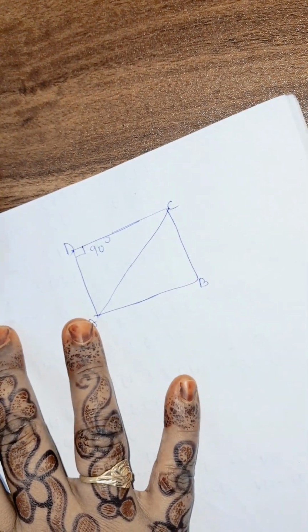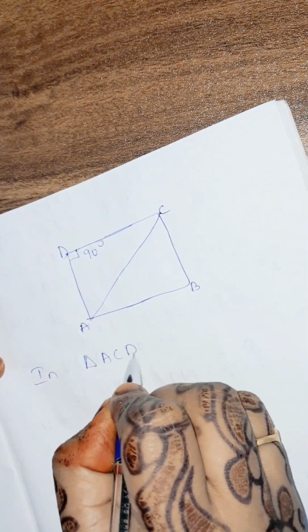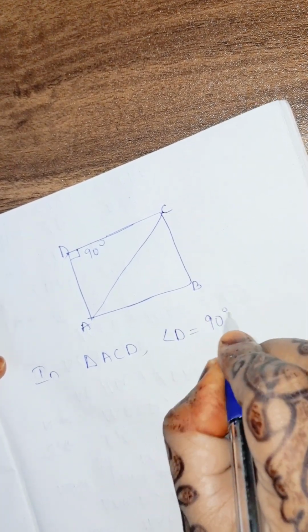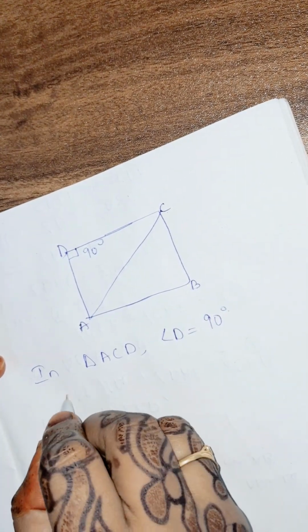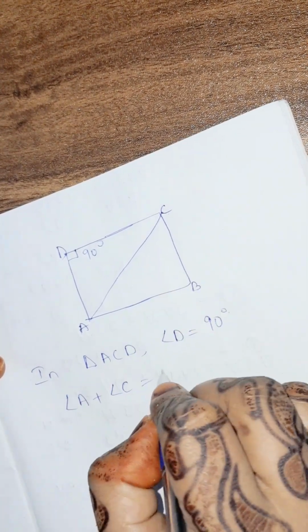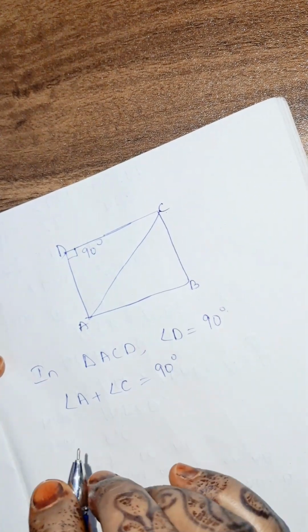So first, what they are saying, in triangle ACD, what will happen? Angle D will be equal to how much? 90. Okay. Next, angle A plus angle C is equal to how much? 90 degrees, since it is a triangle, right? Angle D is the right angle.